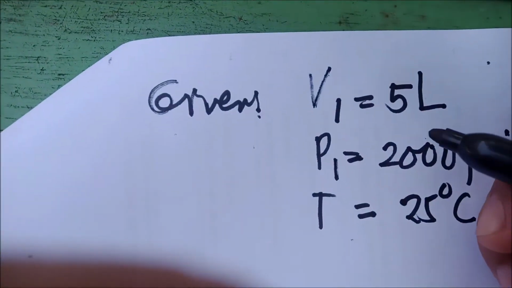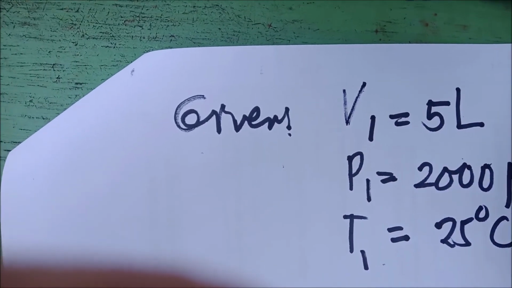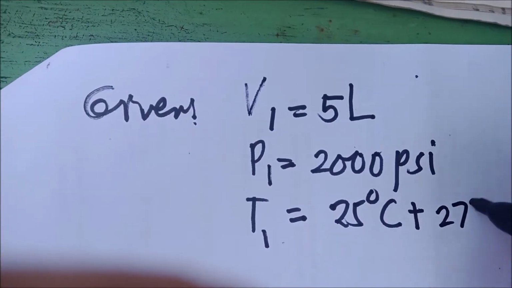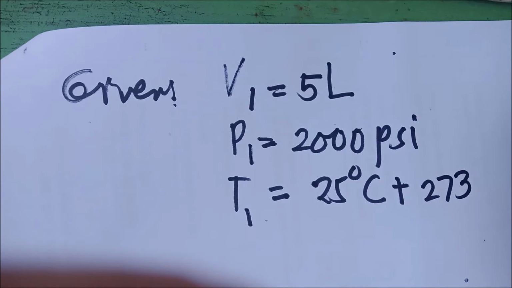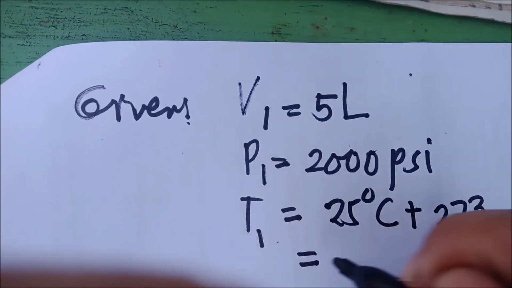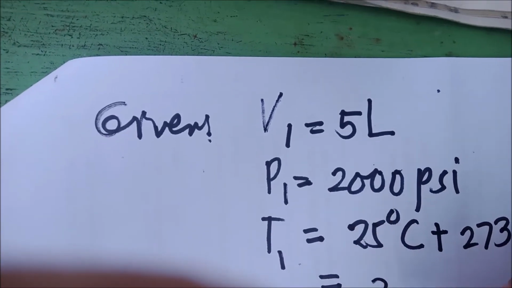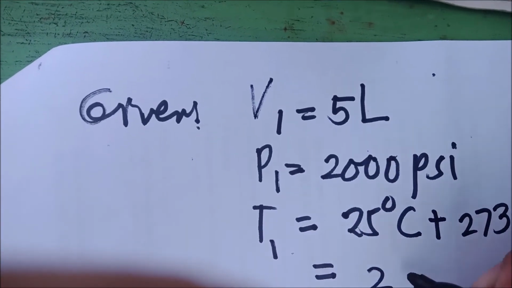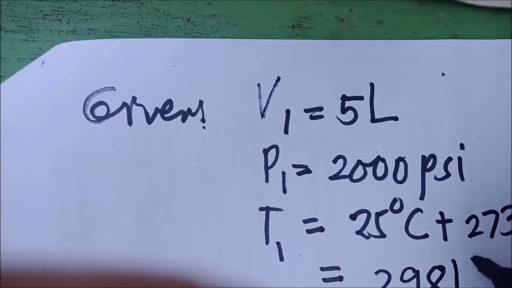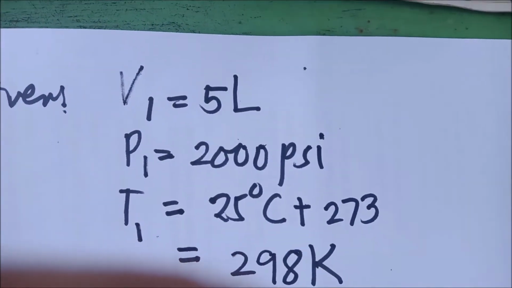So this is V1, P1, and T1. But we need to add here 273.15 or 273 to make the temperature in Kelvin. So from 25 degrees Celsius, it will now become 298 but expressed in Kelvin.